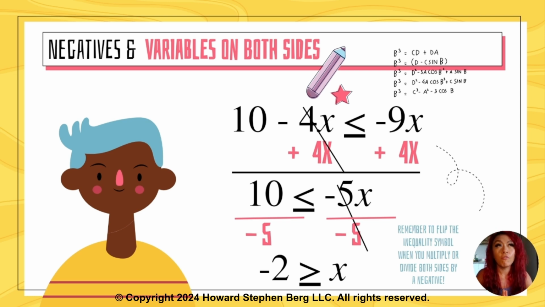This is a very, very important rule to remember because it's such a simple mistake that you could make by forgetting to flip the symbol that will cost you the points on the exam. So please, once again, anytime you multiply or divide both sides of the inequality symbol by a negative number, please flip your inequality symbol.